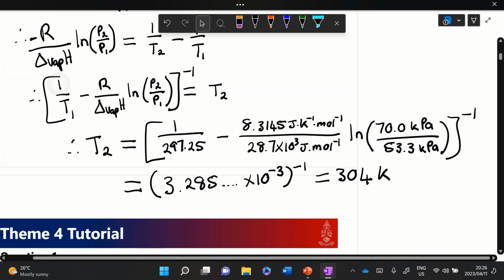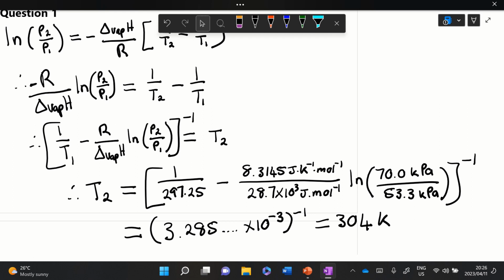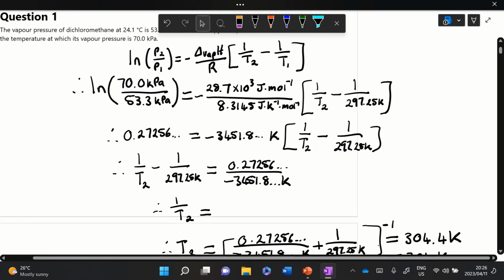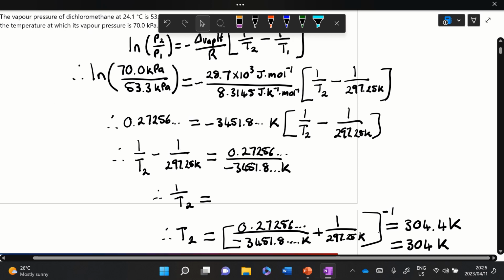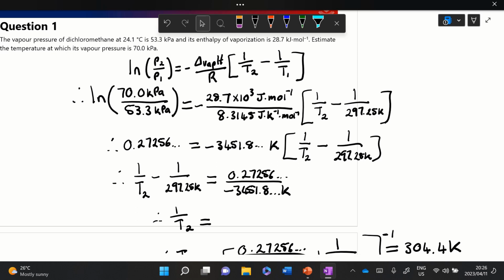It's not really difficult or groundbreaking interpretation we can give with this kind of work, but the temperature increases with the higher pressure. So at higher pressure, you have to have a higher temperature to boil the liquid, as expected. Anyway, that is it for question 1.